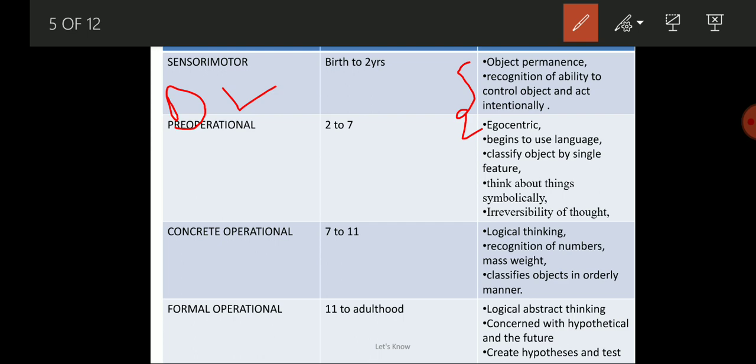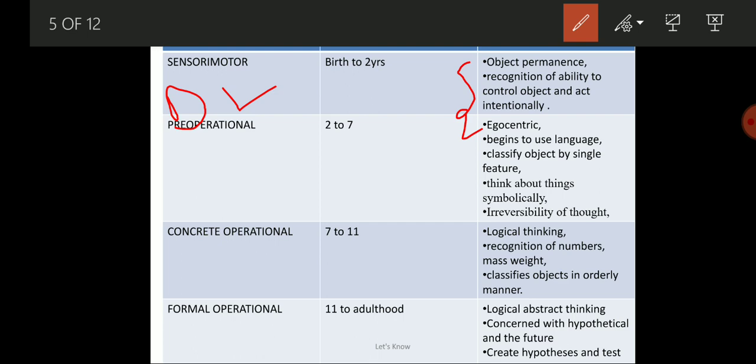These things are concrete. Logical thinking starts from the concrete operational period, but the question may come up: from which stage does logical thinking arise? This answer is concrete operation.